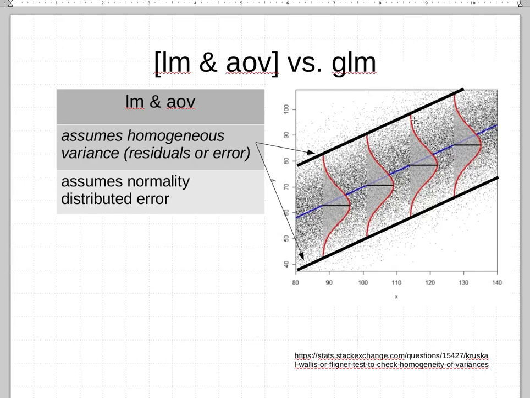The scatter fades out about symmetrically up and down all across, and that's the homogeneous variance that we hope to see in the residuals. And then, of course, there's those bell curves that are all nice and even and simply left-right, or in this case top-bottom, bell curves everywhere we go. Okay, that's what we would hope to have seen with linear models and analysis of variance.